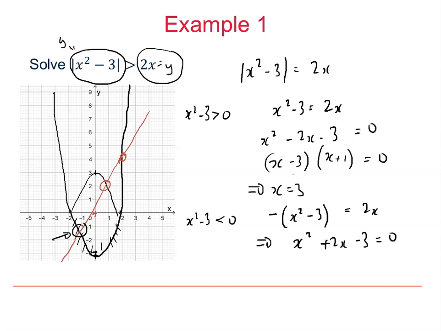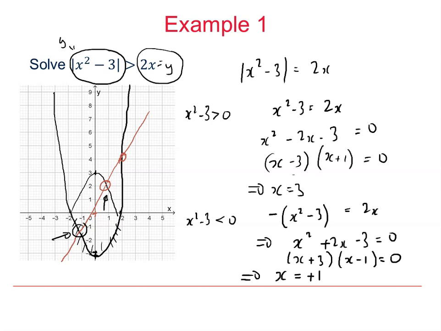And this time when we factorize, we get x plus 3 and x minus 1 equal to 0. So this time we want the one which is x equals 1, which is this solution here.